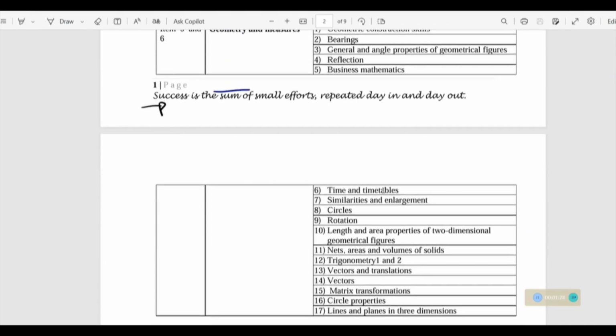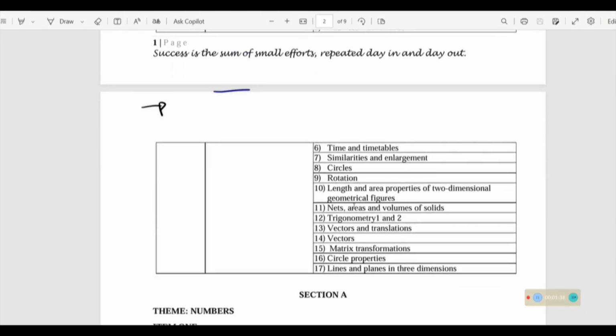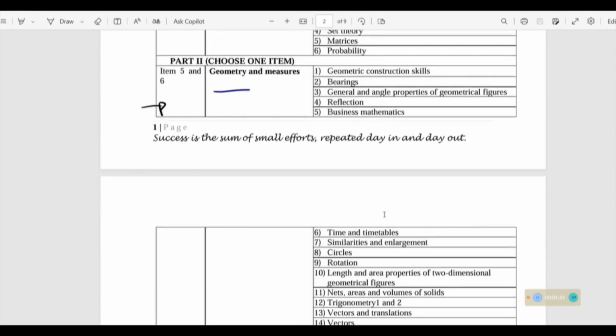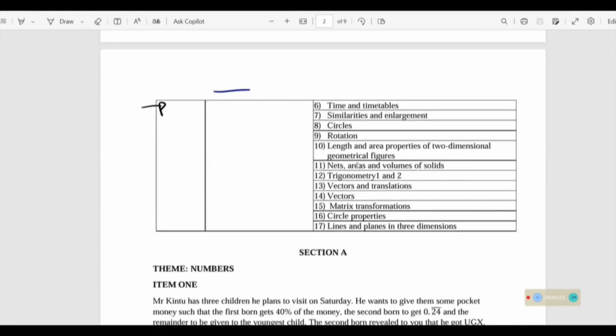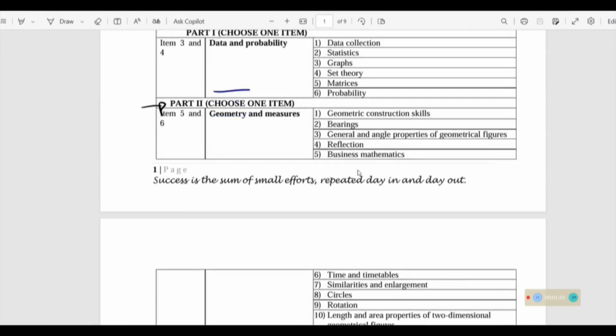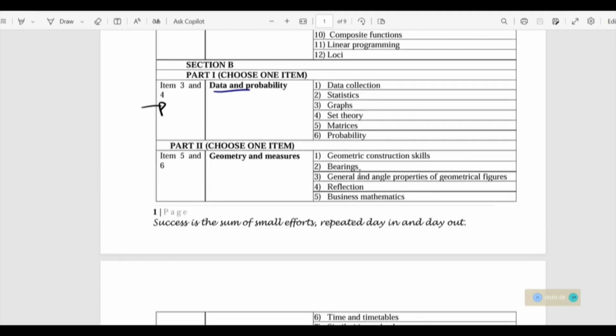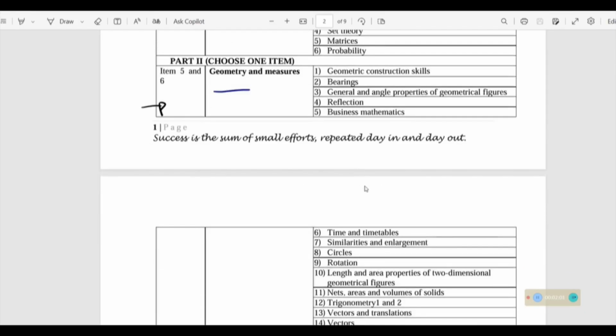Then expect also to use idea on time and timetables, similarities and enlargement, circles, rotation. All these topics here will be giving you item 5 and 6. And out of these, you will only choose only one item. So in general, we have seen the paper will be consisting of 6 items and you will only be required to answer 4 items.